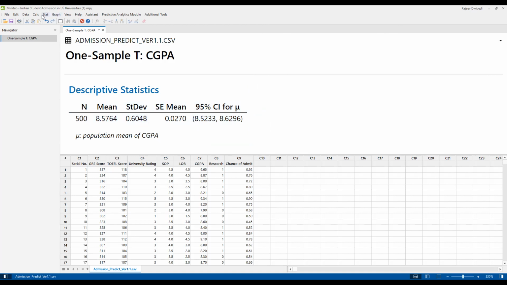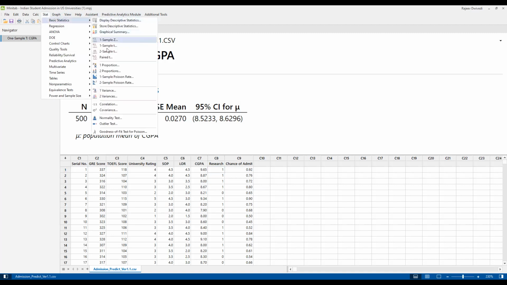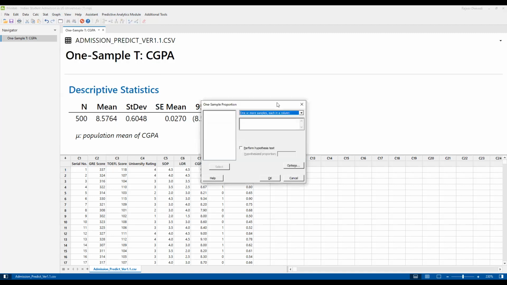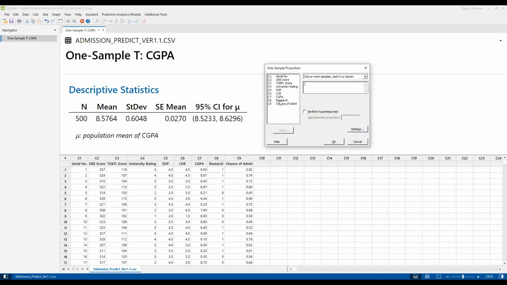Similarly, we can do this for a proportion. For example, research university. This is the proportion case because here, 1010, you can say. So here I go, what is the chance? Basic Statistics, 1 Proportion. I can directly take the research part, and again by default, 95%.